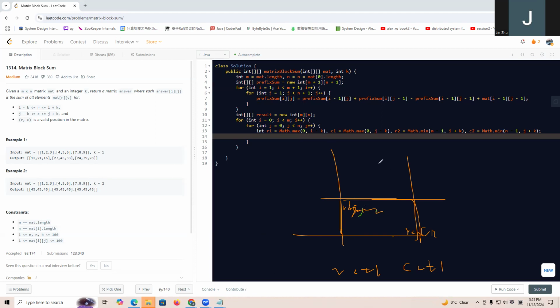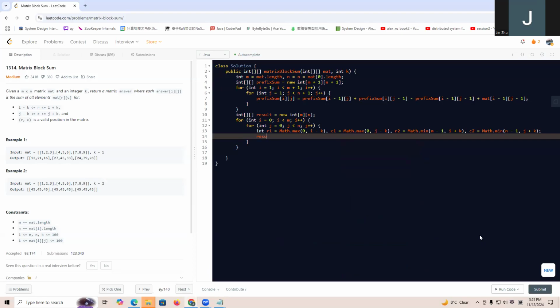So that will be the area of this, minus this, and then minus this. But there are duplicated subtractions, so we should add back this part.